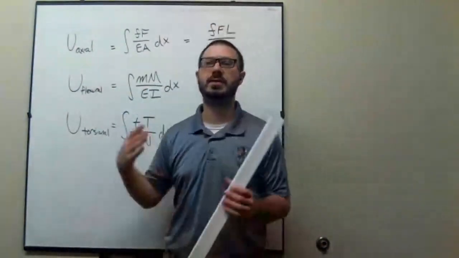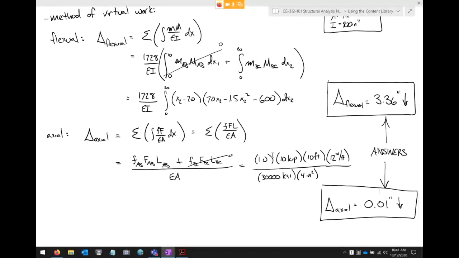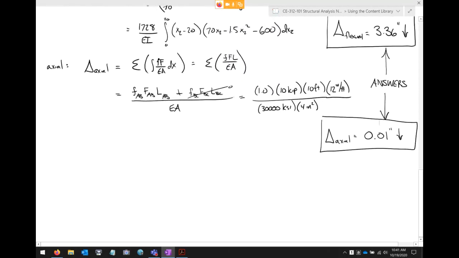If you consider the flexural deflection only, you're going to get a deflection of 3.36 inches. So maybe if I wanted to summarize the answer, I might say, considering flexural, the deflection is 3.36 inches.